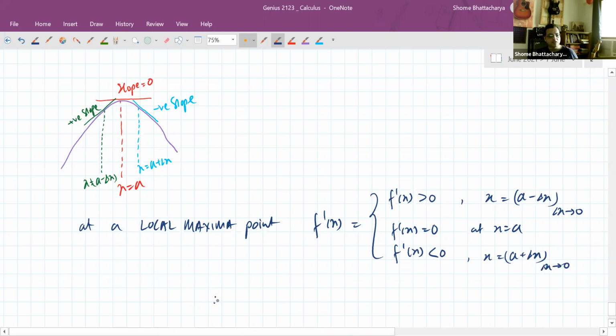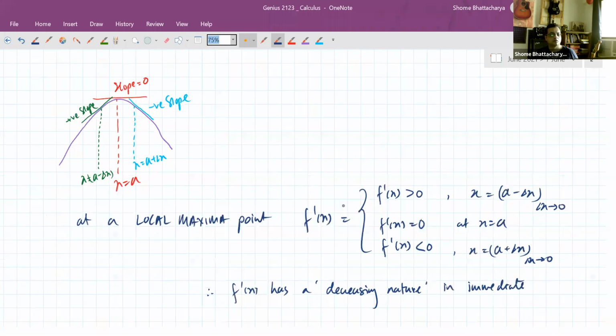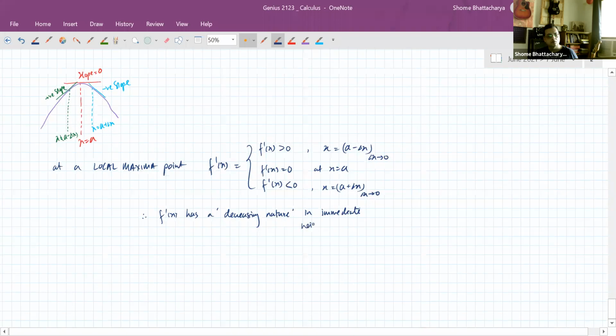So in other words, what we can see is that f prime x has a decreasing nature in the neighborhood of x equal to a. So at a local maxima point, this is what happens. The derivative is 0, but it has a decreasing nature.